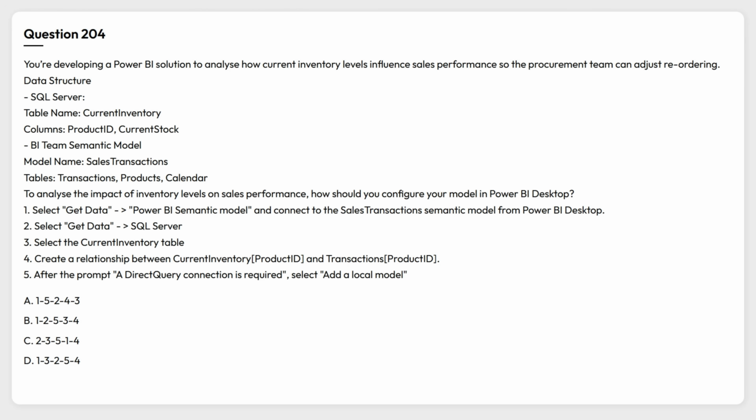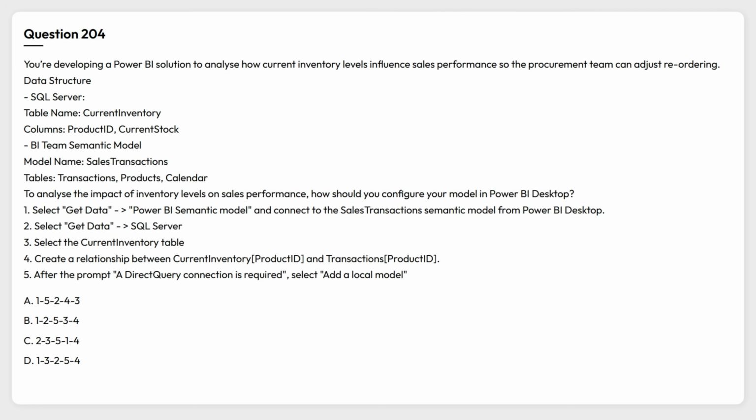Data structure: SQL Server, table name: current inventory, columns: product ID, current stock. BI team semantic model, model name: sales transactions, tables: transactions, products, calendar.